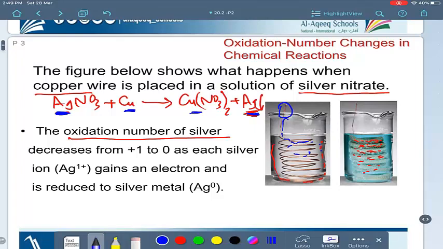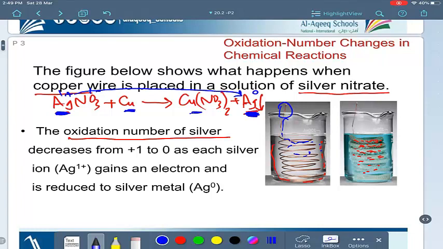First, Ag was positive 1 here, because NO3, a polyatomic ion, is negative 1, so silver is positive 1. Here, silver is in the form of monatomic metal, so it's 0, the overall charge 0. Remember the rules. So it changed from positive 1 to 0.